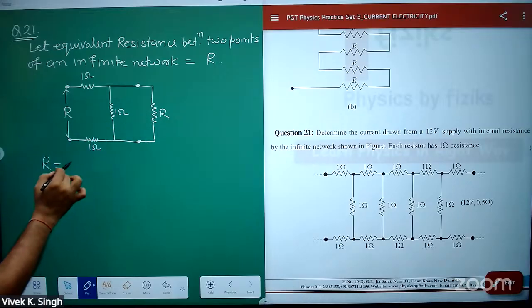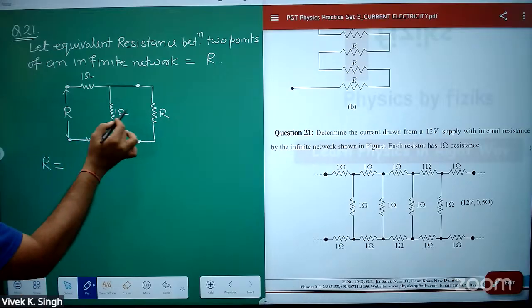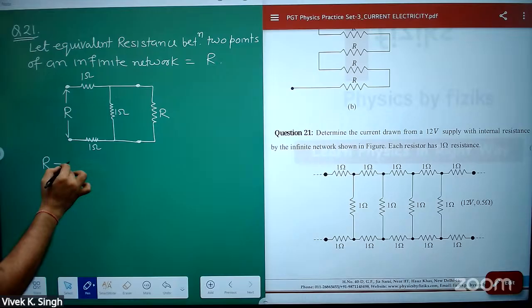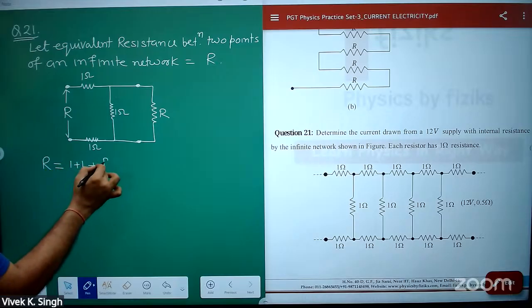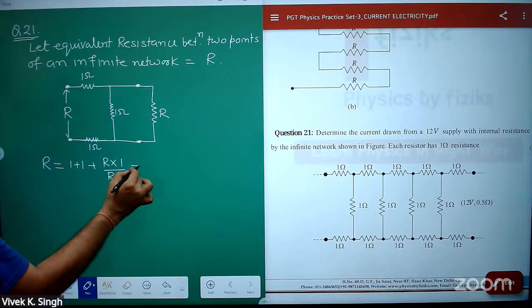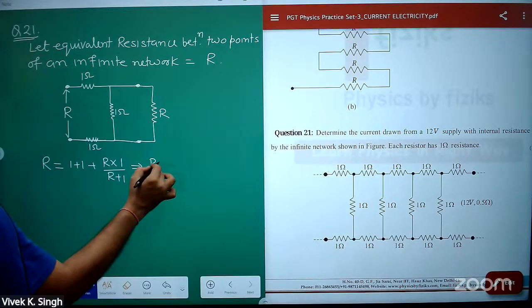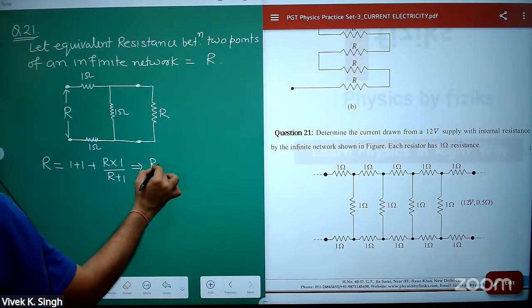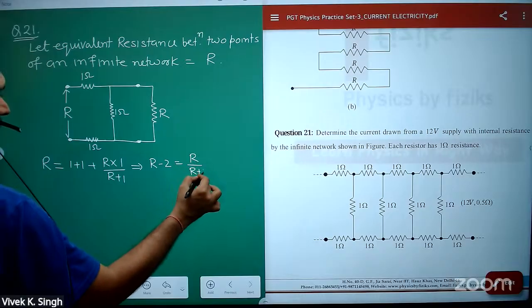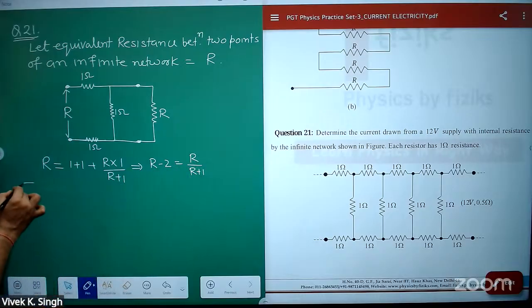now these two are in parallel and then they are in series. So you will get 1 plus 1 plus R into 1 by R plus 1. Or this is R minus 2 is equal to R by R plus 1. So let's simplify this.